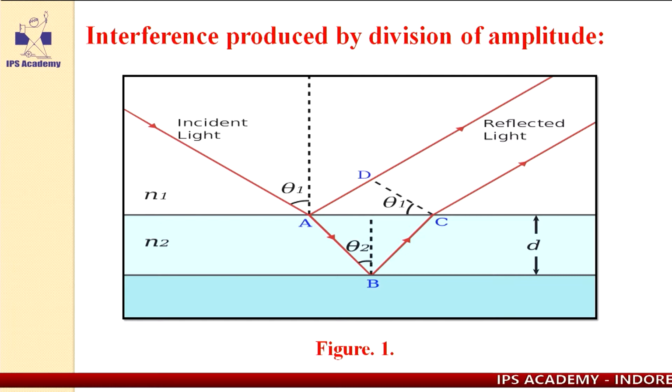Let us consider that the incident light has amplitude A. When partial reflection takes place, the amplitude becomes AR, and when partial transmission takes place, the amplitude is AT.